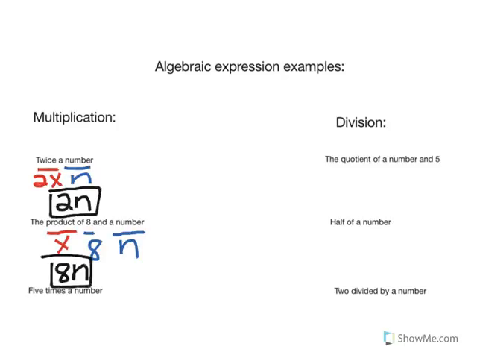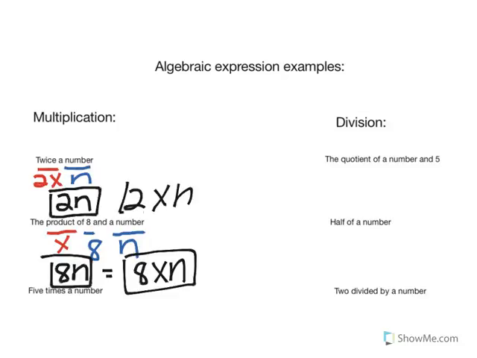It's the same thing as saying 8 times n. So 8n is equivalent to 8 times n. So you can do either way. These are the same, okay? If I write out either or, I want you to understand that this is the same thing. So 2 times n is the same thing as 2n, okay?